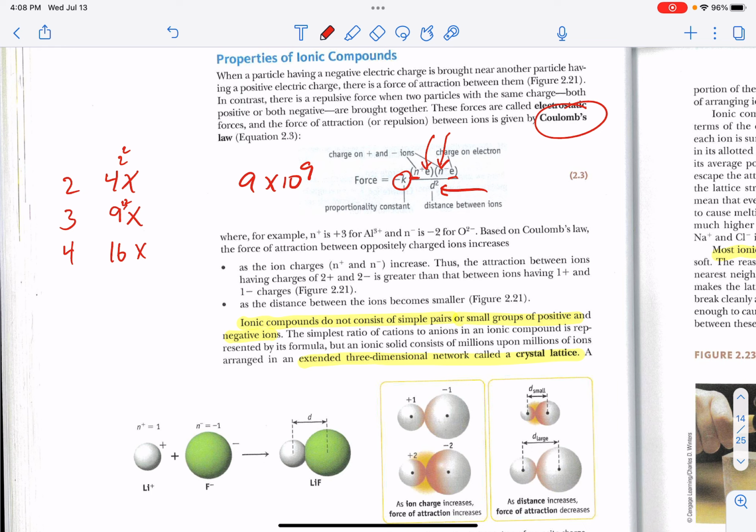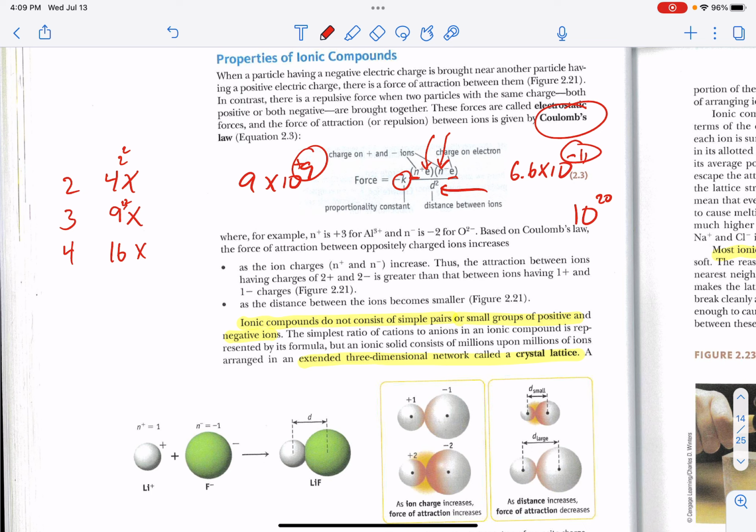The proportionality constant in gravity is 6.67 times 10 to the minus 11th. So you can see that between a positive 9 and a negative 11, you have a factor of about 10 to the 20th power in difference in magnitude between gravity and the electrostatic force of attraction between ions.